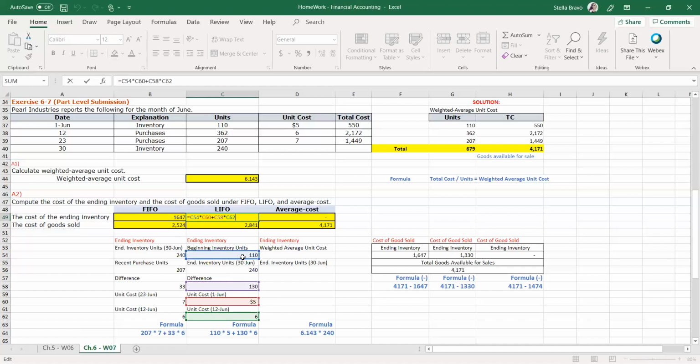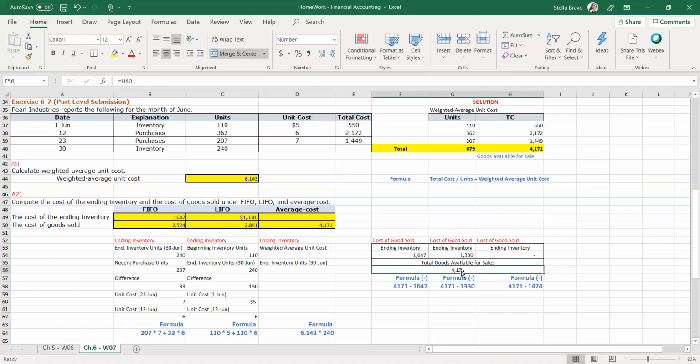So here we have our ending inventory amount on LIFO. To calculate the cost of goods sold, once again, it's just the goods available for sale minus the ending inventory.